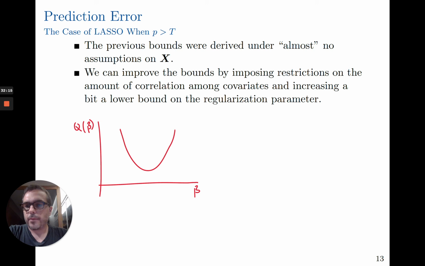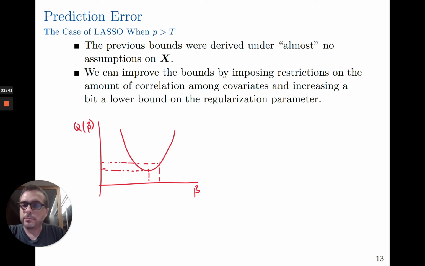If you have one beta here and another beta here, small changes in beta will induce small changes in Q. Large changes in beta will make large changes in Q. Why is that?